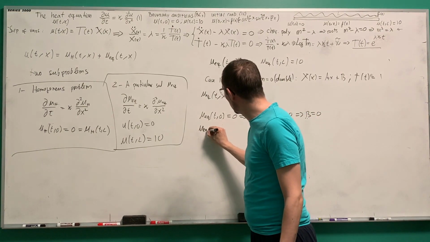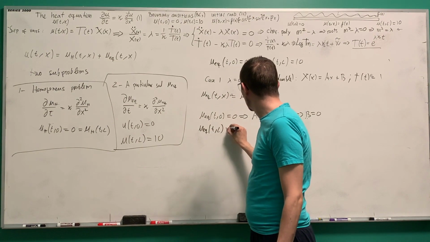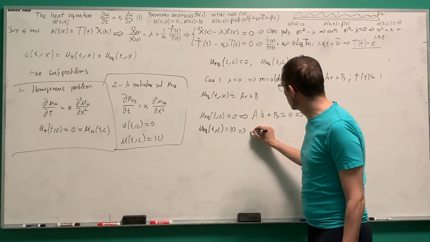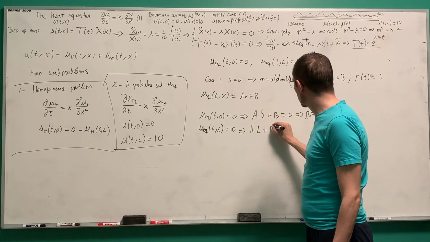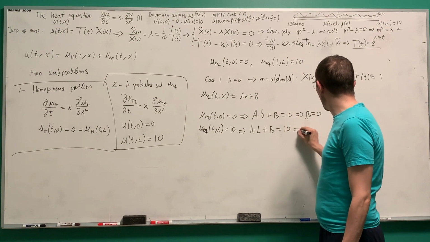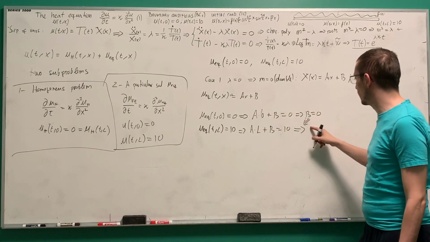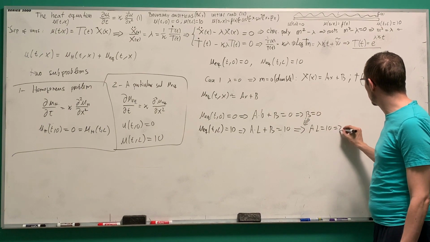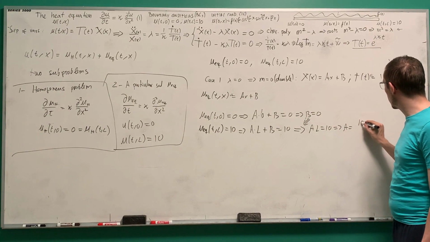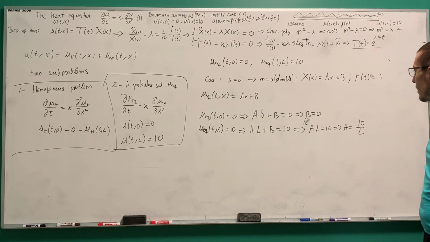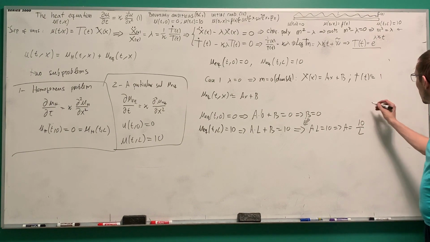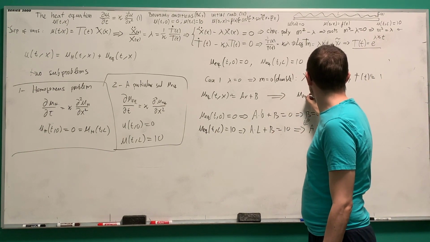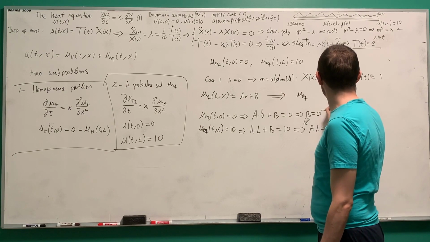The other condition, U(t, L) equals 10, not 0. So that means that A times L plus B equals 10. But I also know that B is 0. Because B is 0, that means that AL is equal to 10, and therefore A is equal to 10 over L. Well, look at that. We have a solution here. Wonderful. So that means that U_EC(x) is actually this, all right?